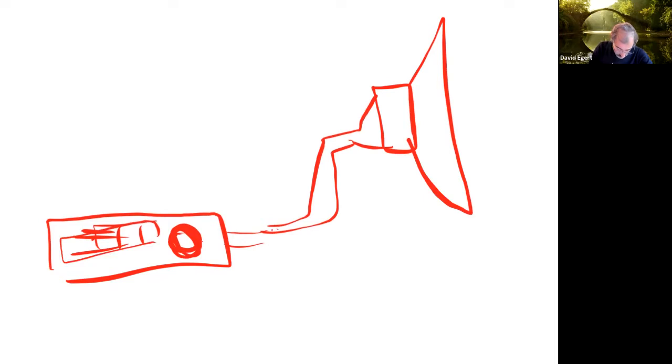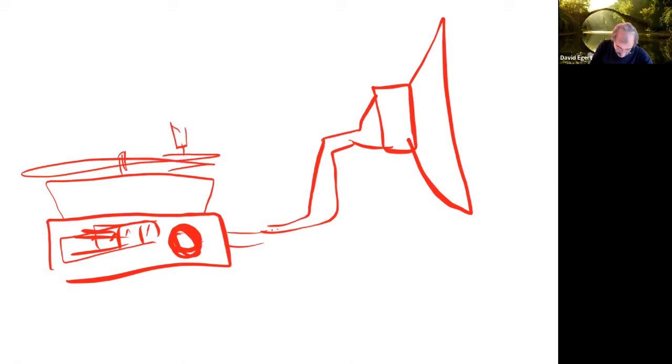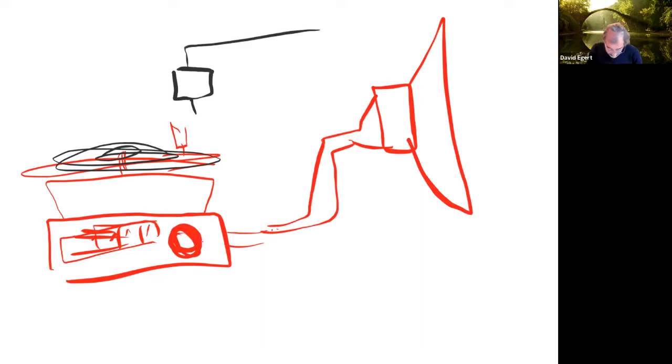Let's pretend, actually, records are getting popular again. It's kind of bizarro to me. But let's say you have a record player, but you're not playing a record right now. The needle is not on the record. So there's no signal really. There shouldn't be any music coming out of here.